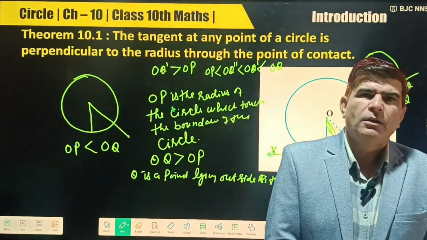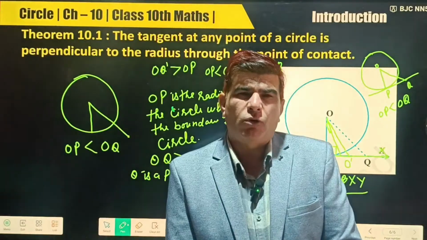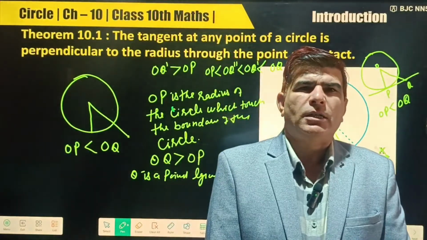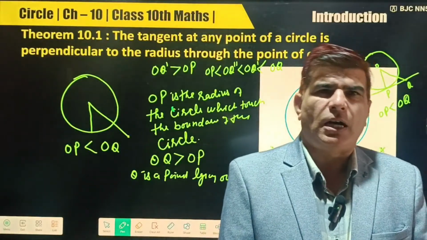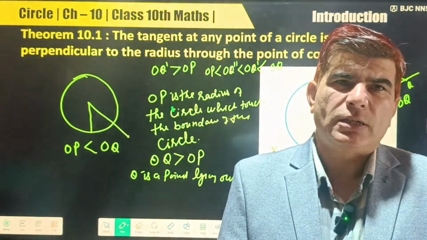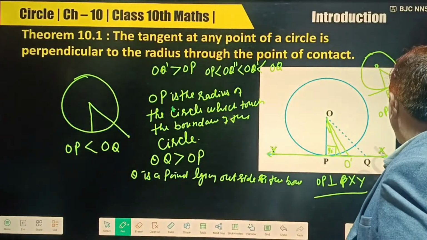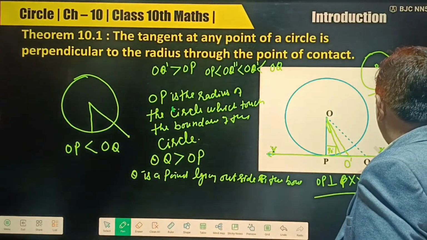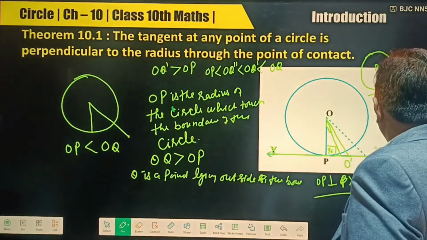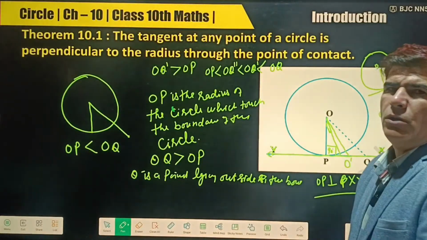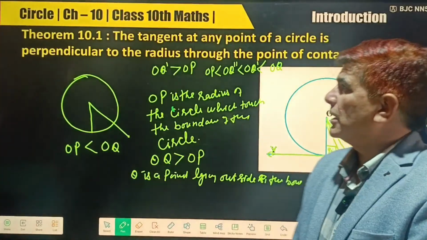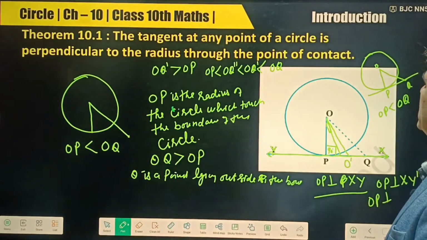If you do not take the perpendicular length, it is greater. So the shortest distance is always the perpendicular distance. That's why we can say OP is perpendicular to XY, or to the tangent to the circle. So this is the introduction of this chapter.